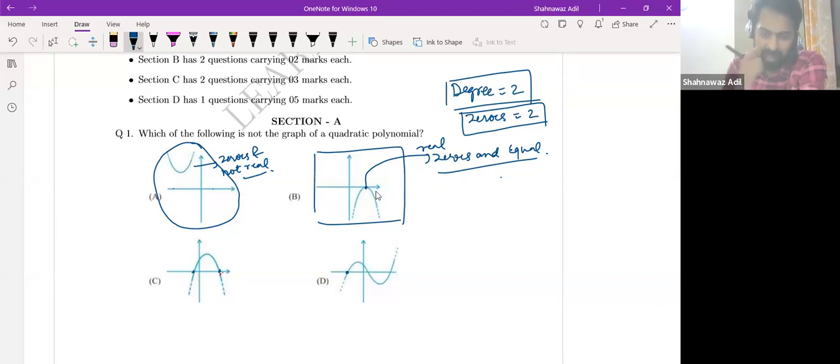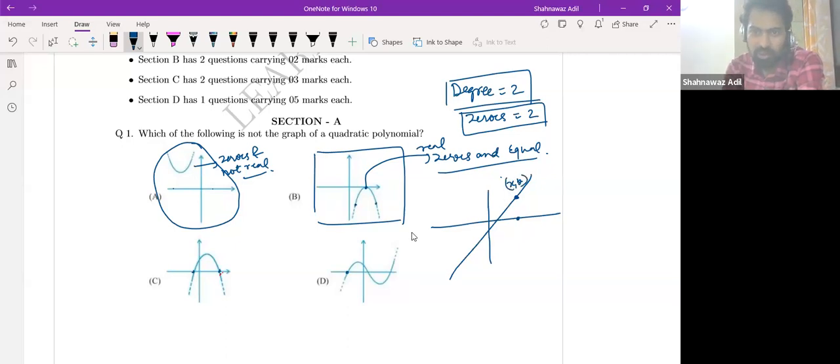This can also look like a linear polynomial, but in the case of a linear polynomial we can't have two roots at the same time. For a straight line, for one value of x you have one value of y. You don't have two values of x for the same y.